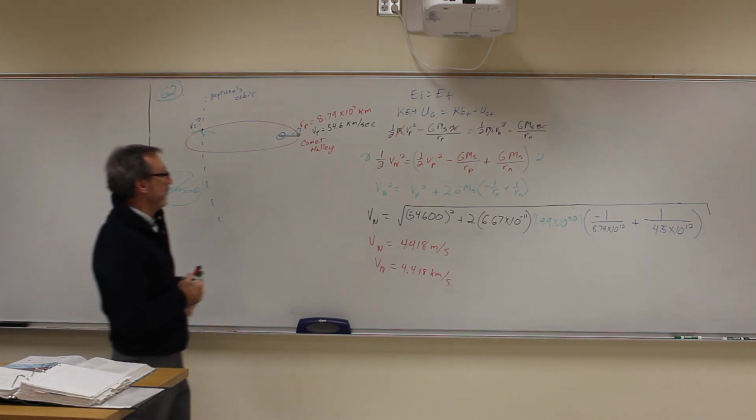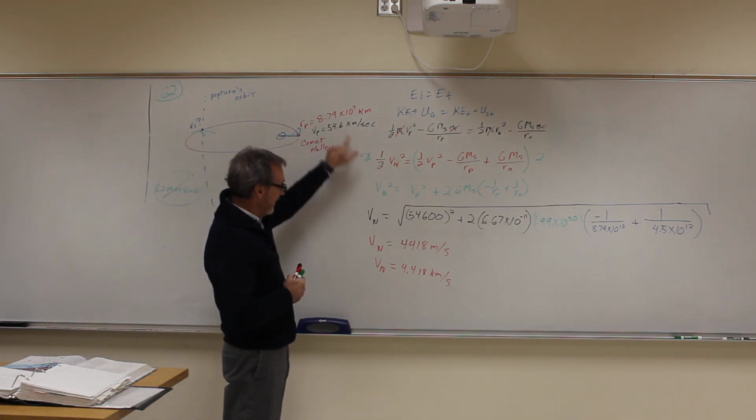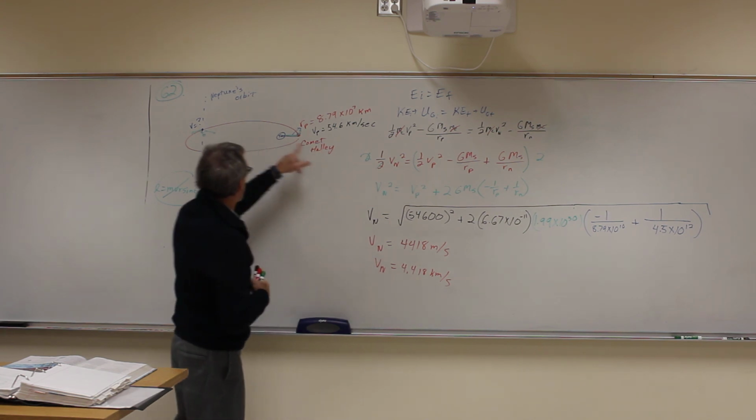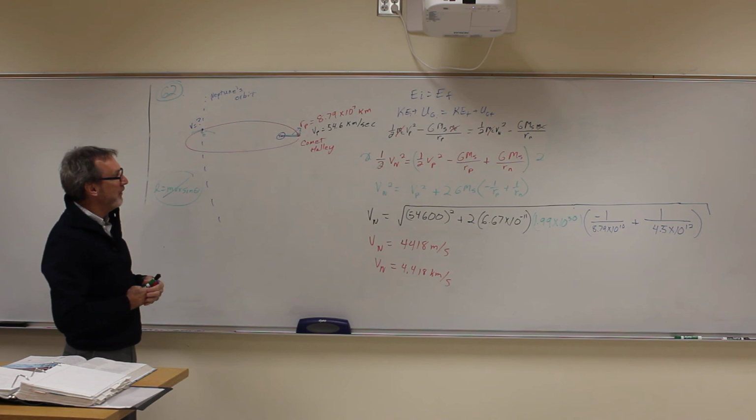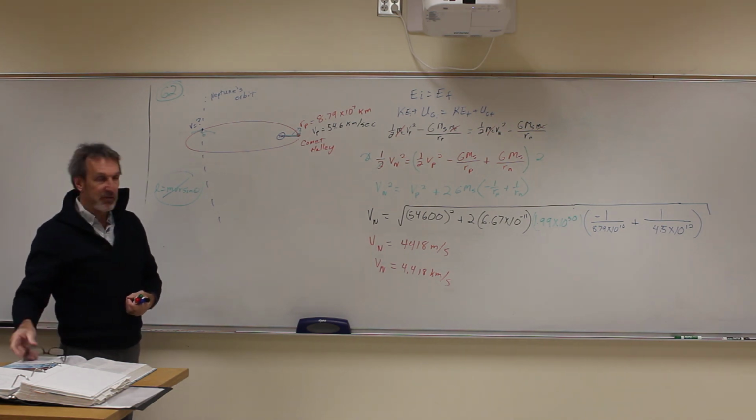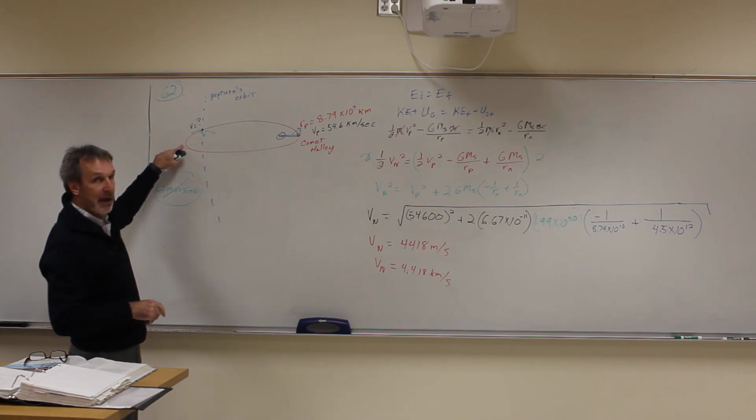So it went from 54 kilometers per second to 4 kilometers per second when it gets out to this point up here. And that's how you do it. And you can't do it as conservation of angular momentum because you're not at the aphelion point.